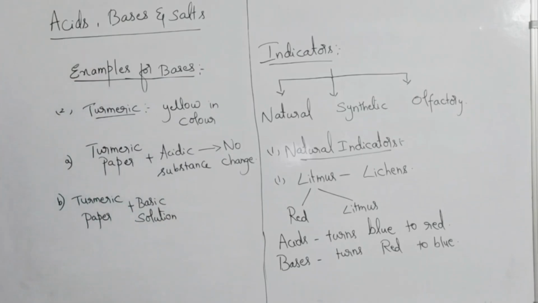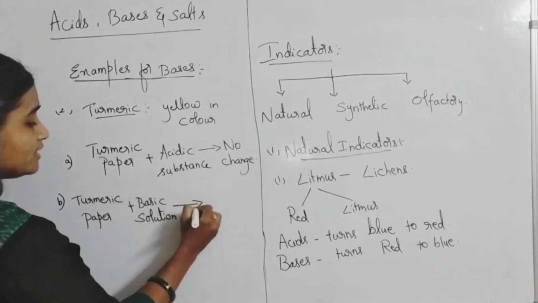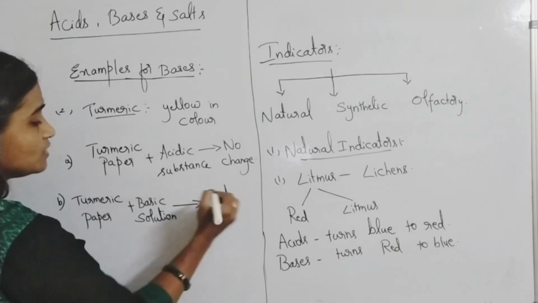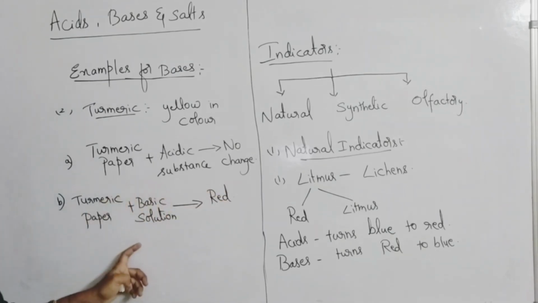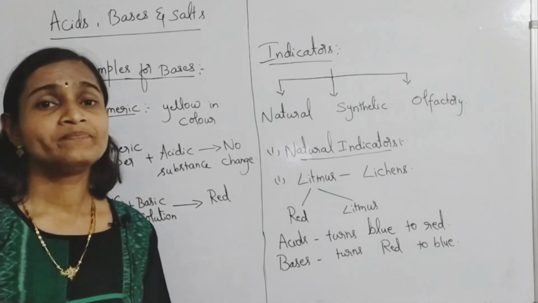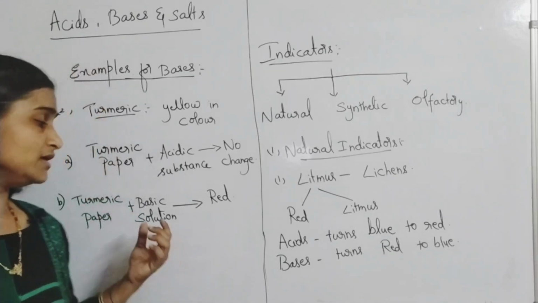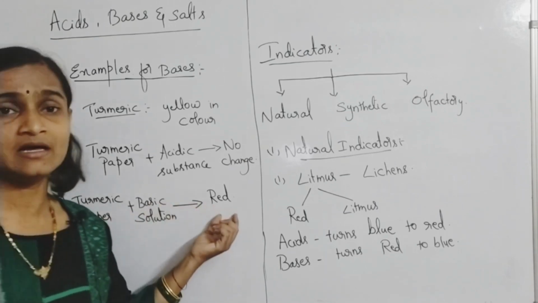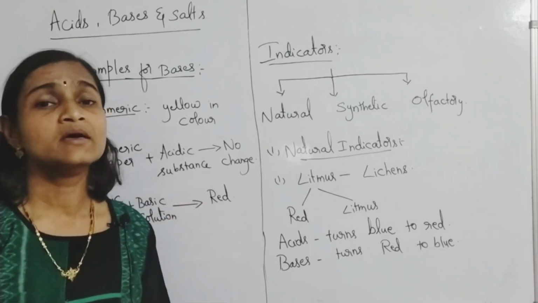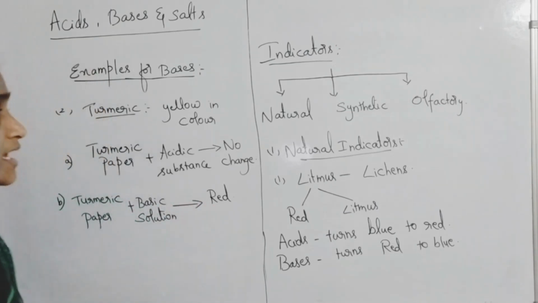So turmeric paper plus basic solution, immediately it turns to red. If it turns to red, then you can say that the substance which you have taken is basic. You can identify like that.